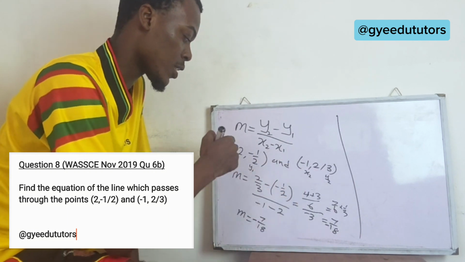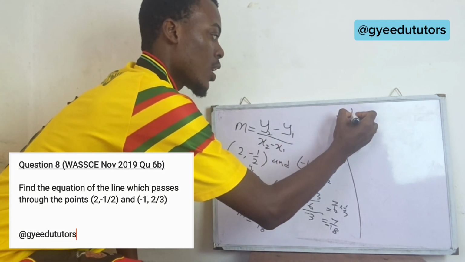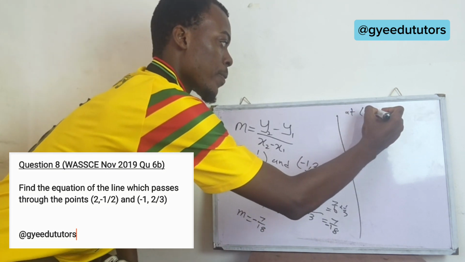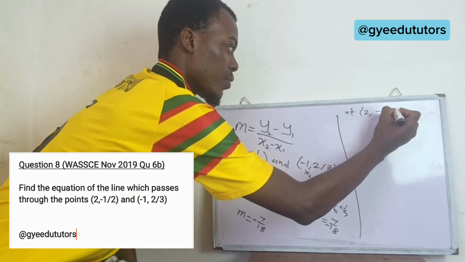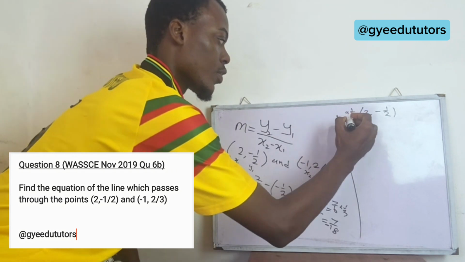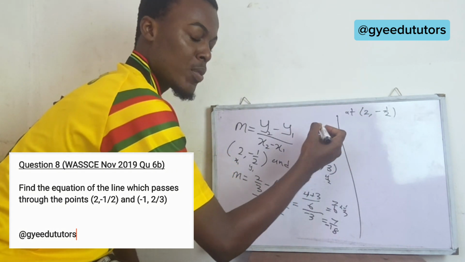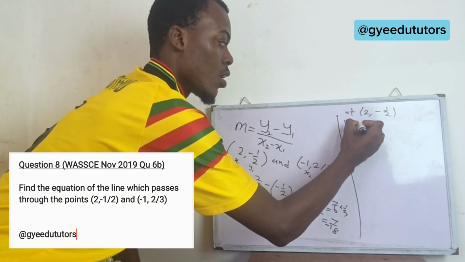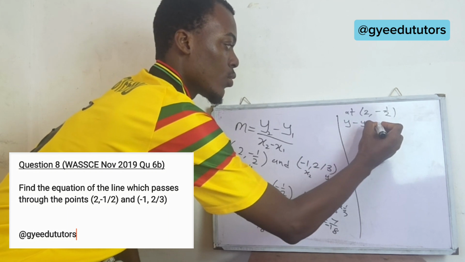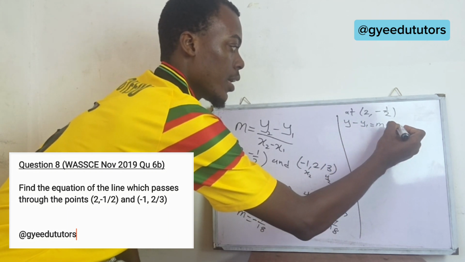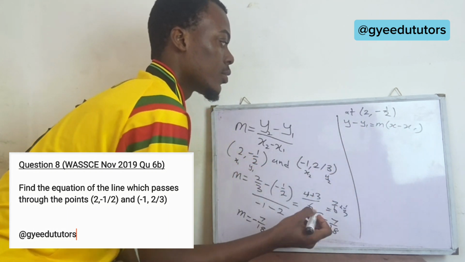We pick a point. So let's pick the first point, (2, -1/2). So you put this in the formula for the equation of a straight line, which is y minus y1 is equal to m times x minus x1.